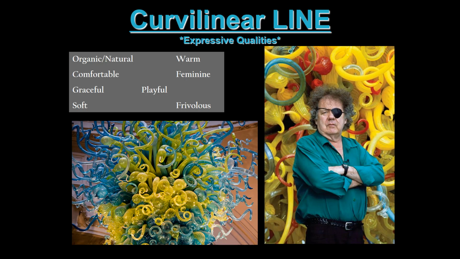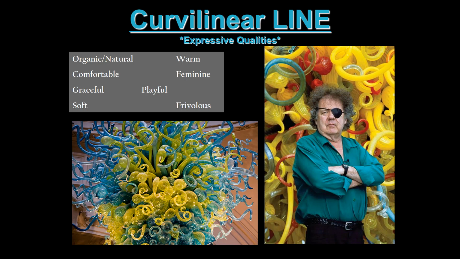I think Chihuly's artwork, his glass artwork, is a great example of this as well. If you haven't seen his work, it's typically up at the Franklin Park Conservatory here in Columbus. I highly recommend you go and enjoy some of his pieces.